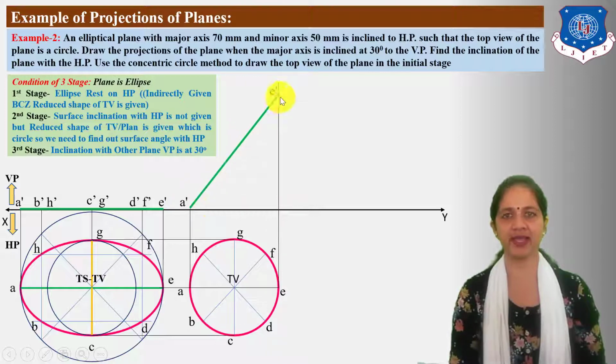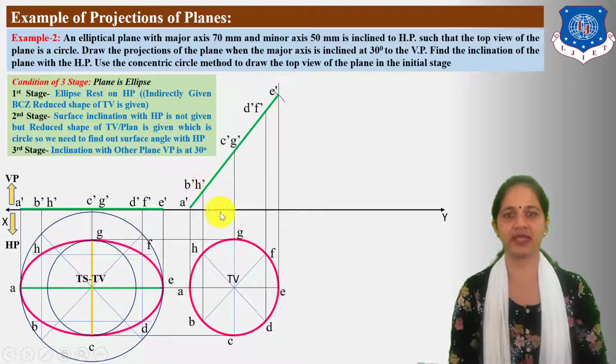Join the A dash, E dash points. Next, for the remaining point locations, draw upward projections from the B, H points and mark B dash, H dash points. Similarly, draw upward projections from the C, G points and mark C dash, G dash points. Next, draw upward projection lines from the D, F points and mark D dash, F dash points. The angle of this inclined line indicates the surface angle with HP, which is theta.